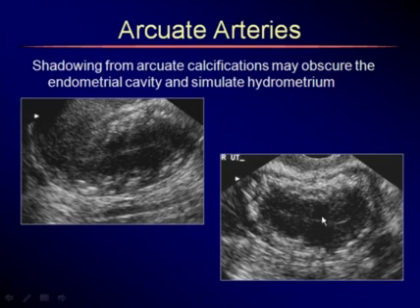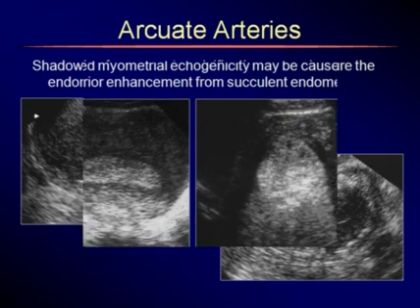In this patient, you can still barely make out this endometrial line, but in some patients it looks like a hypoechoic center and should not be mistaken for a hydrometrium.